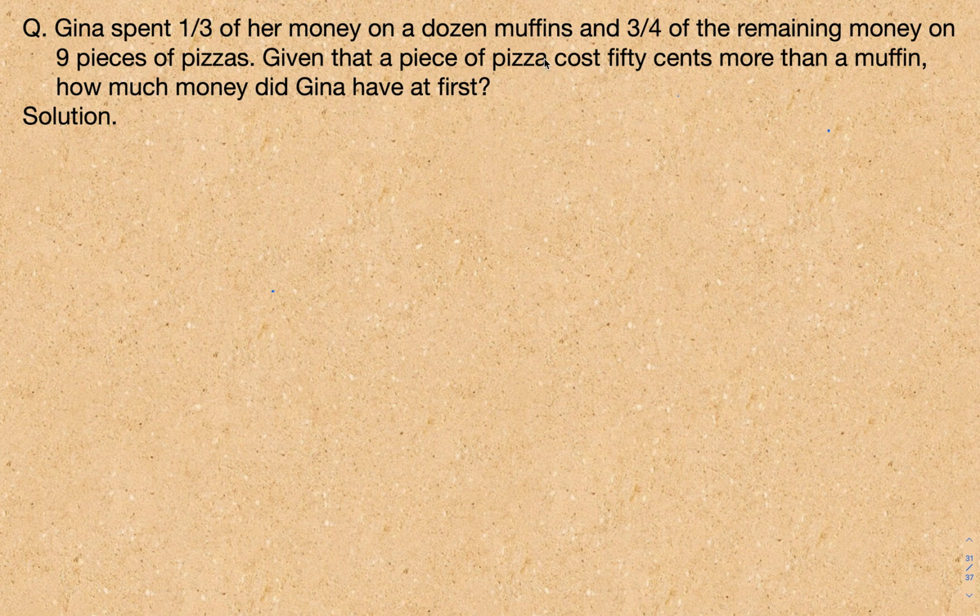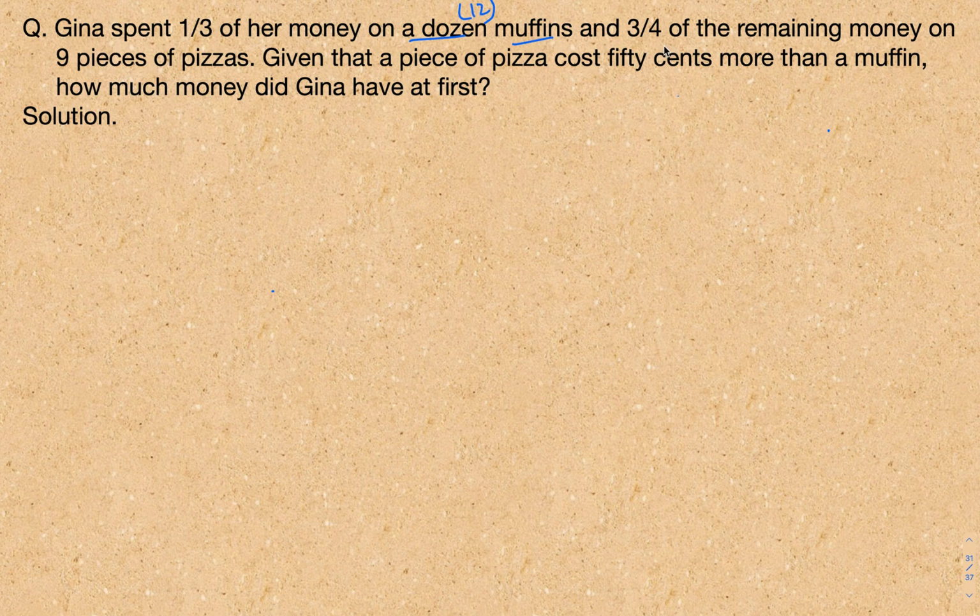Okay, so what we have here is that there is a girl Gina, and she went to a bakery and she bought muffins. How many muffins? A dozen, right? So I hope you guys know that a dozen is 12.